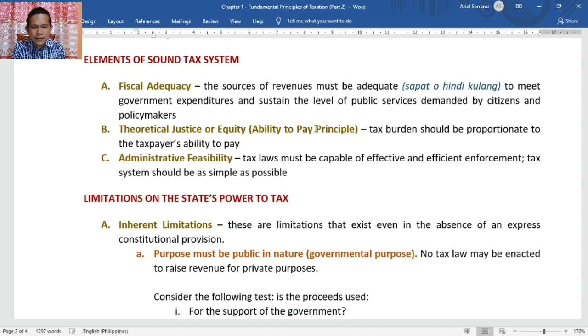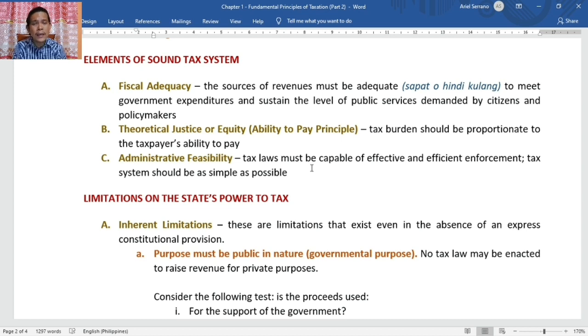Now, yung administrative feasibility, and let me read it to you, the tax laws must be capable of effective and efficient enforcement. Yung tax system should be as simple as possible. So, dapat simple lang, yung batas na ito, yung mga batas sa pagbubuwis. At dapat effective ito and efficient in terms of enforcement sa pagpapatupad nitong mga batas sa pagbubuwis.